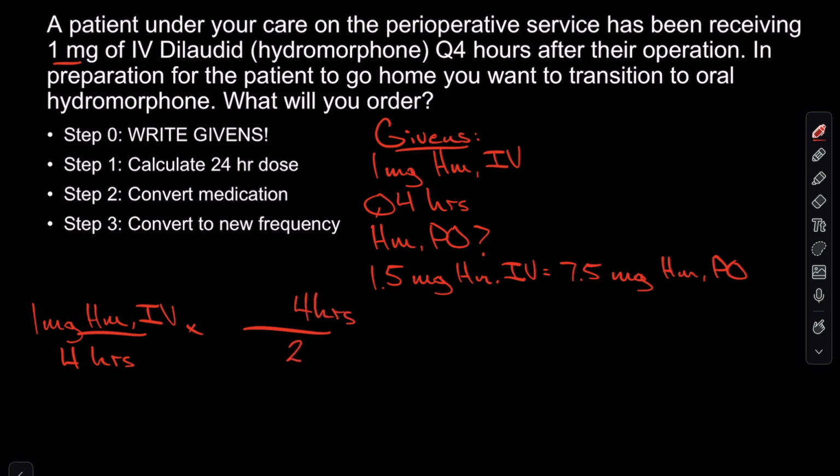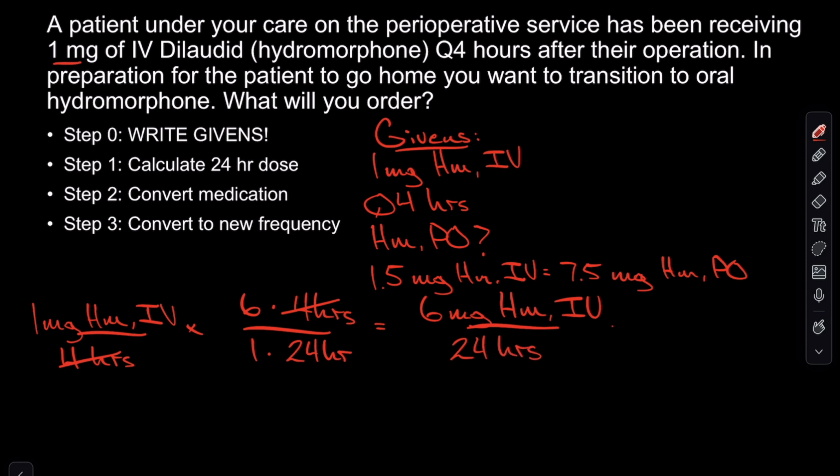That's our units. We're converting to 24 hours. So 6 4-hour units equals 1 24-hour unit. Our units cancel out, and now we're left with 6 milligrams hydromorphone IV every 24 hours.